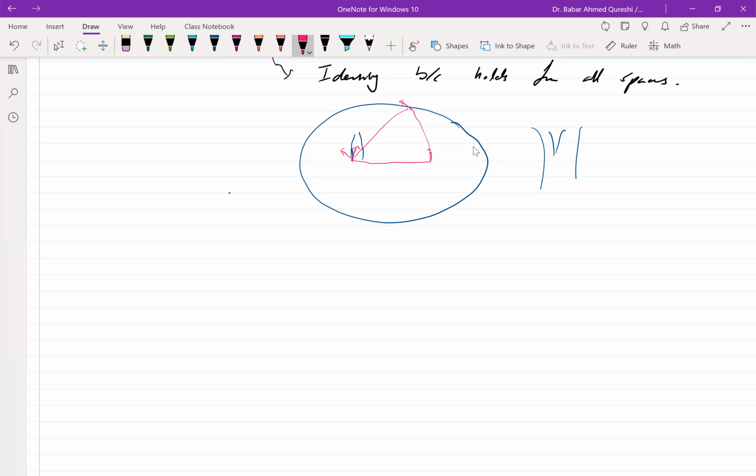In other words, the parallel transport is path dependent. If I went through this path, I got this vector, and if I directly transport it over here, I'll get this vector. So the vector which I get depends on the path, and that's a sign of underlying curvature.